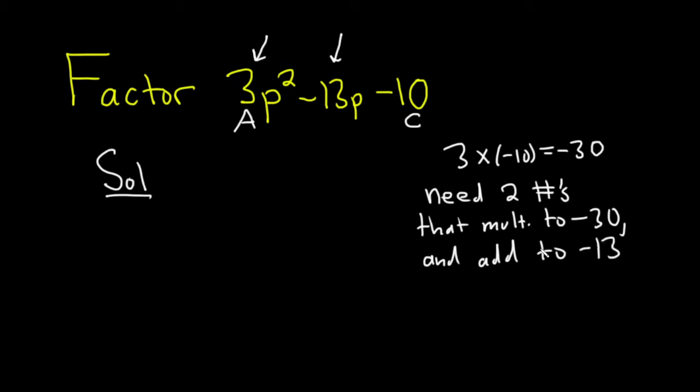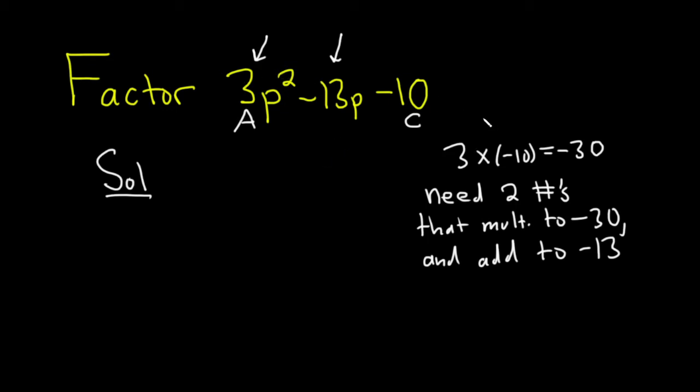And if you can't find them, then you can just say you can't factor it. Now, just a disclaimer, everything actually factors, but you have to use complex numbers. So when people say it doesn't factor, they mean it doesn't factor using only real numbers. So just a quick disclaimer.